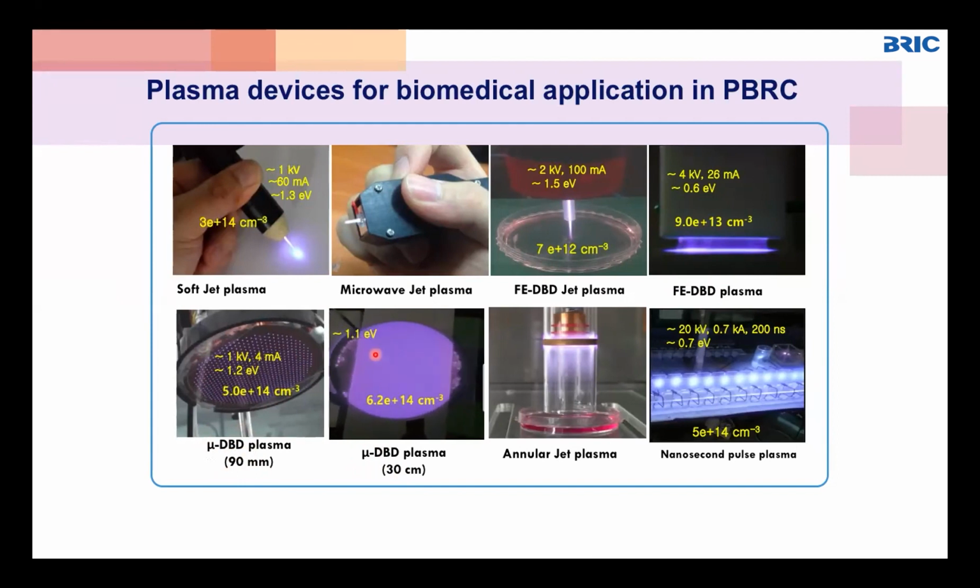And this is also micro DBD plasma. This is annular jet plasma, and this is one kind of thundering mimic device. We call it nanosecond pulse plasma. So these devices can be used for specific applications in biomedical areas as well as environmental areas, agriculture, or microbiology.